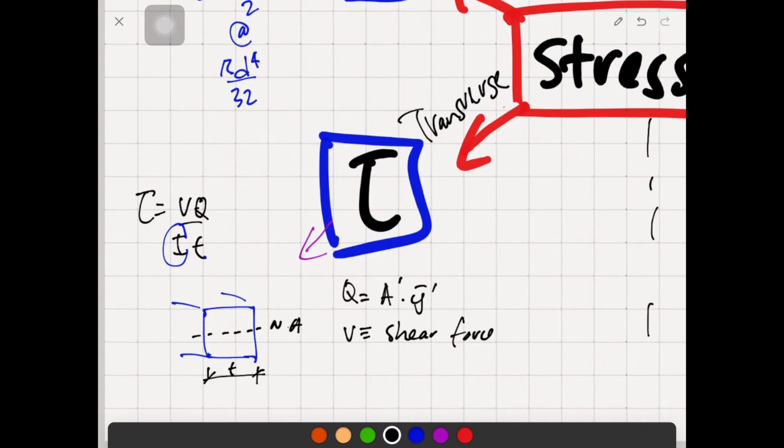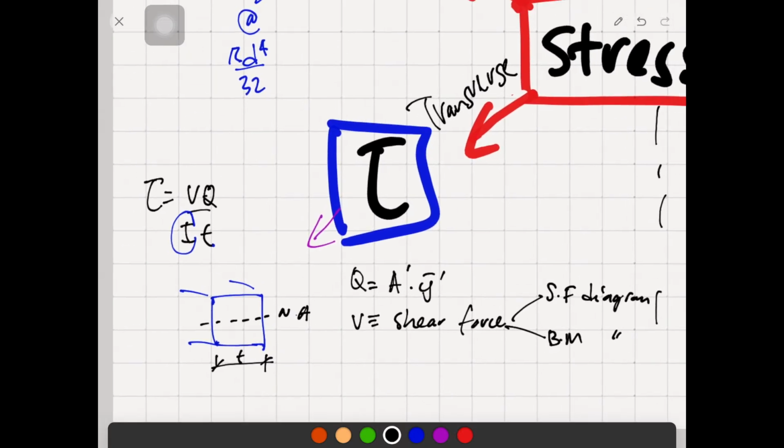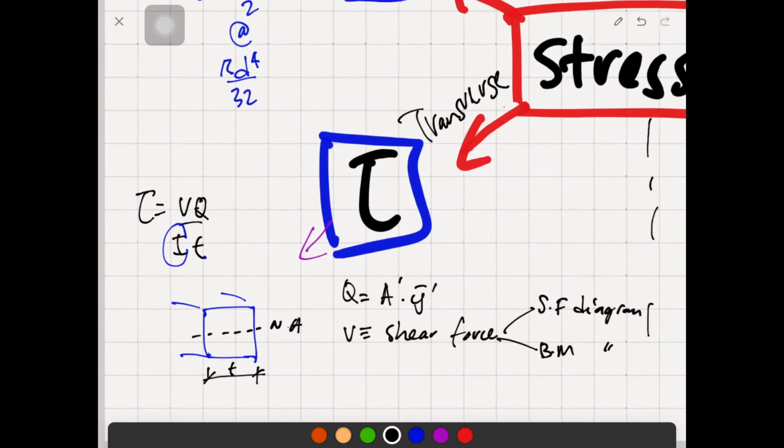But if you can remember, specifically in this chapter, for shear force we need to calculate the maximum. This is the shear force diagram, and together with the shear force diagram, if you still remember, we also have the bending moment diagram. The maximum is what engineers are interested to know in order to design their structure.